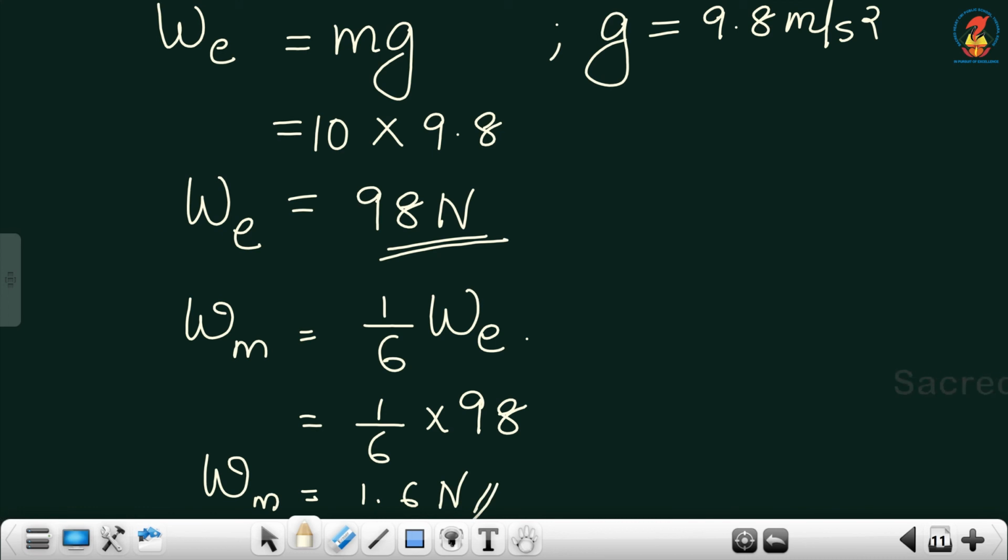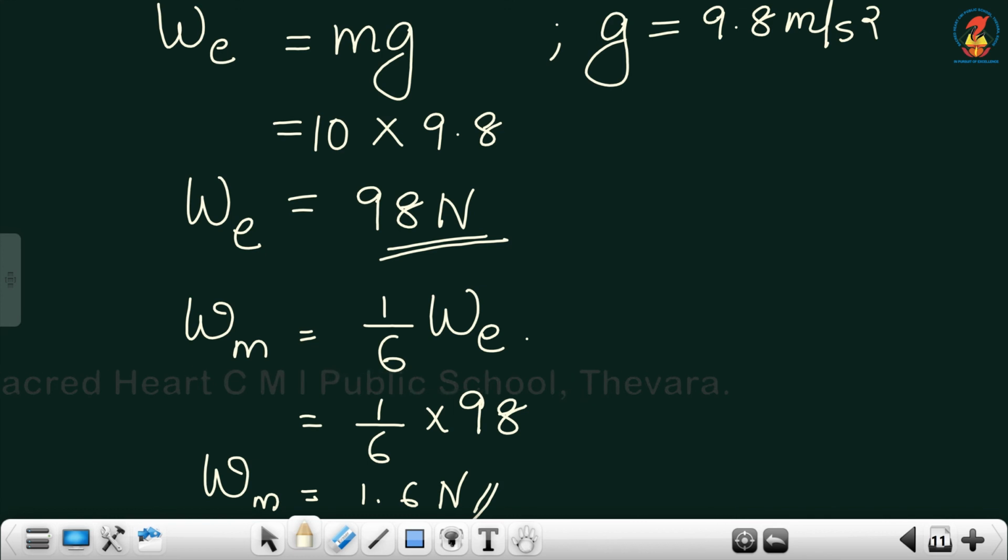Using the equation Wm is equal to 1/6 into We, you can calculate the weight of the object on the moon, provided the weight of the object on the surface of earth is known.